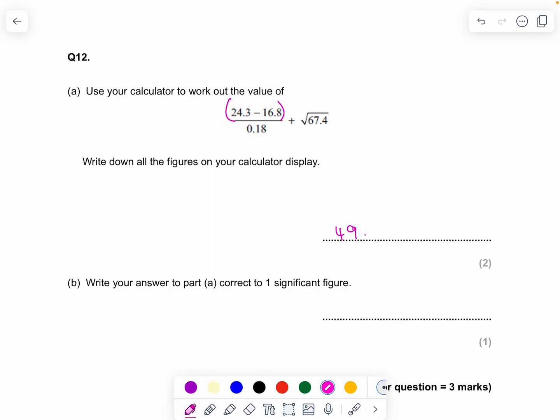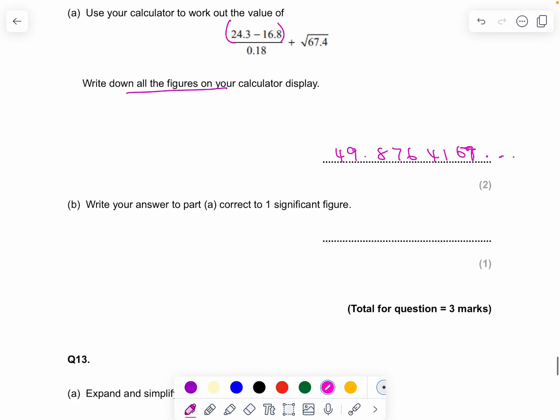But it says write all the figures. So you should have got 49.87641,697. It depends on how many numbers your calculator holds, but that's mine. And then we have to write it to one significant figure. Now, 4 is the first significant number, so I'm going to stop it there.